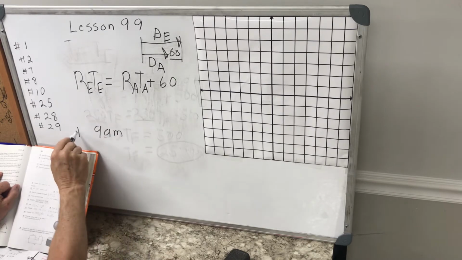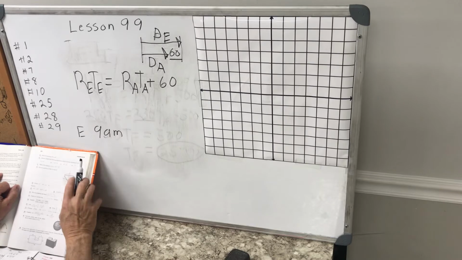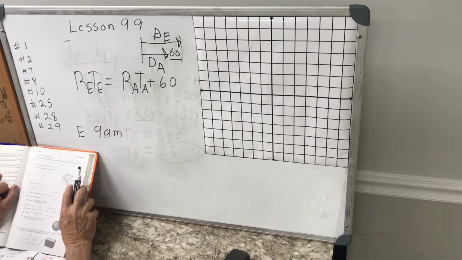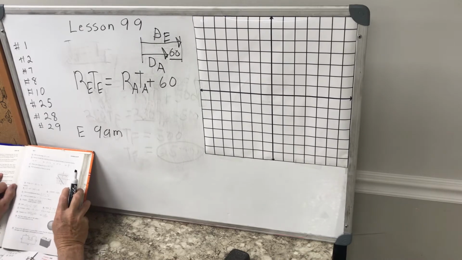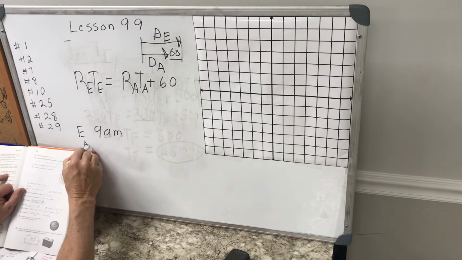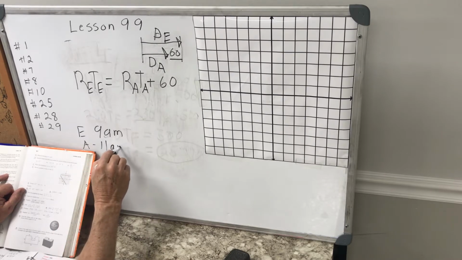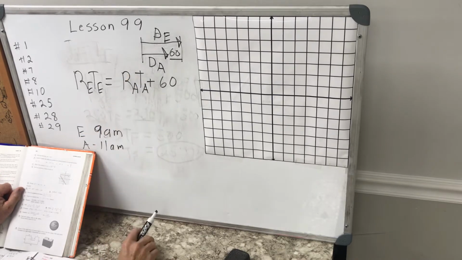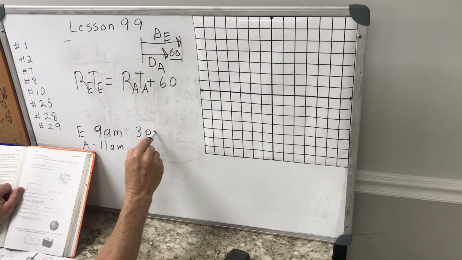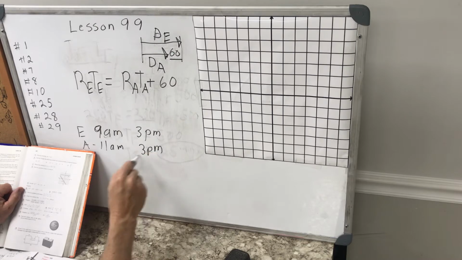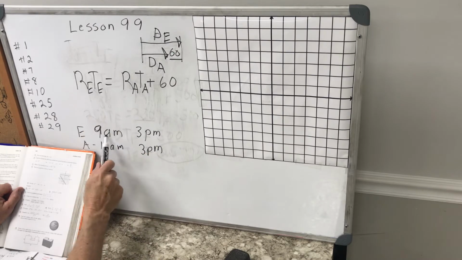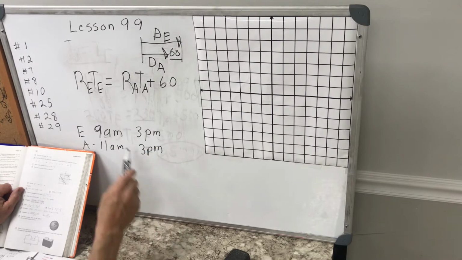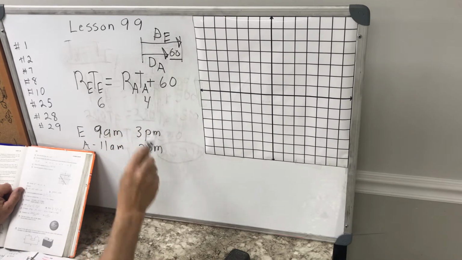Eleanor started out at 9 a.m. and Alexi started out 2 hours later. You see that? Alexi started out at 11 a.m. And when we are solving this problem, they say they were doing it at 3 p.m. So we have 3 p.m. on both of them. Now we need to get the hours for the time. 9 a.m. to 3 p.m., that is 6 hours. 11 a.m. to 3 p.m. is 5 hours. That's your times.